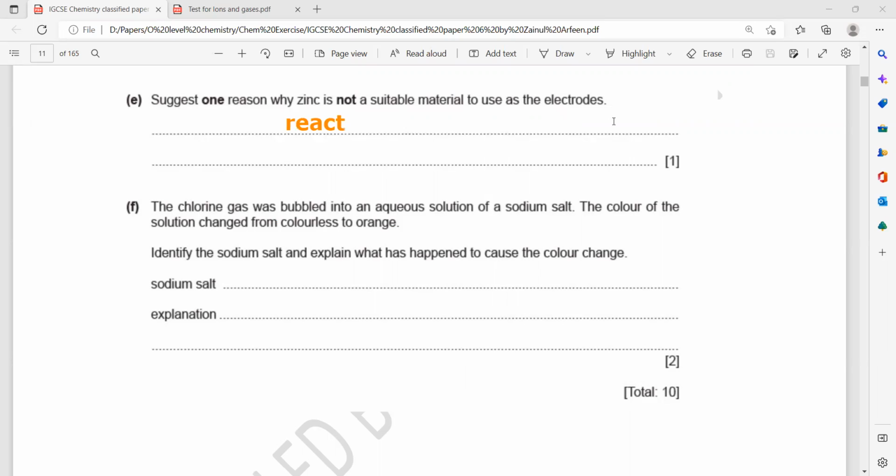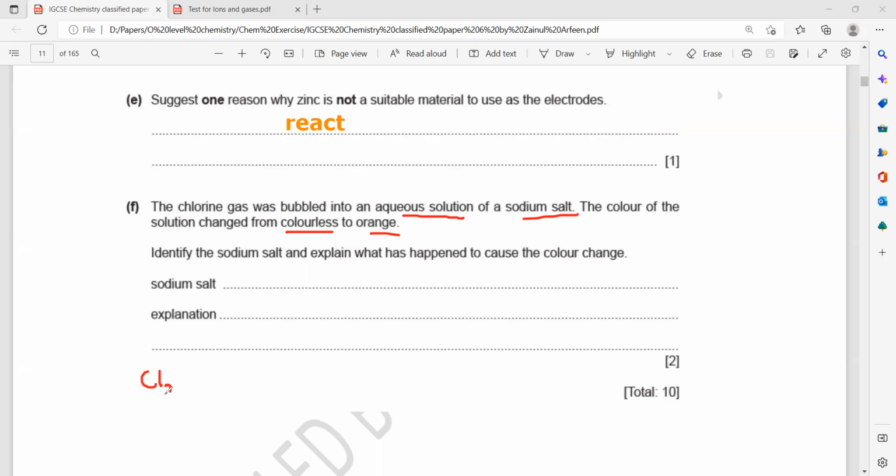The next one, the chlorine gas was bubbled into an aqueous solution of a sodium salt. So there is a sodium salt and we bubble the chlorine gas. The solution changes from colorless to orange. Identify the sodium salt. Look, basically it's a displacement reaction. Remember the color changes.